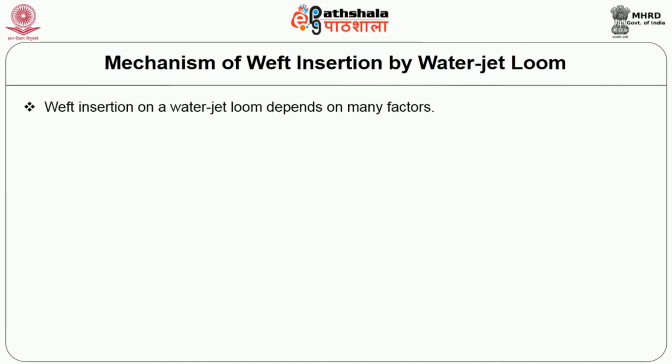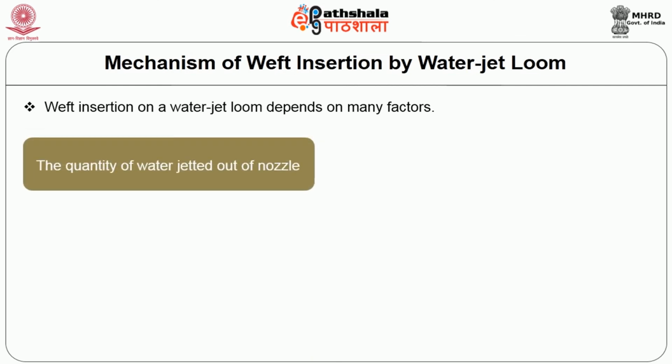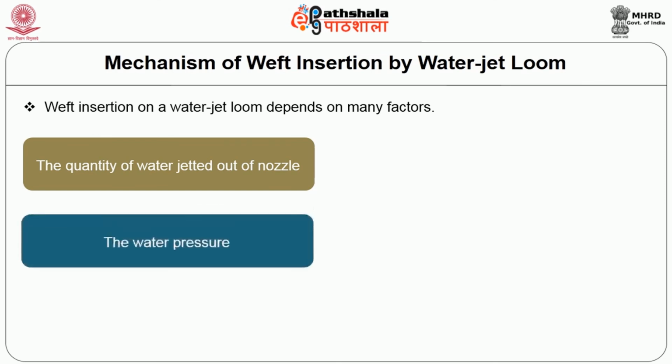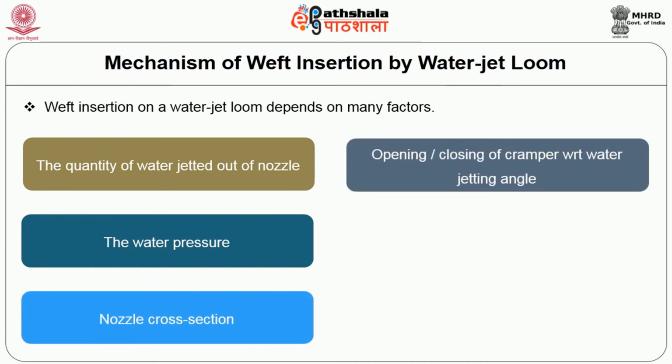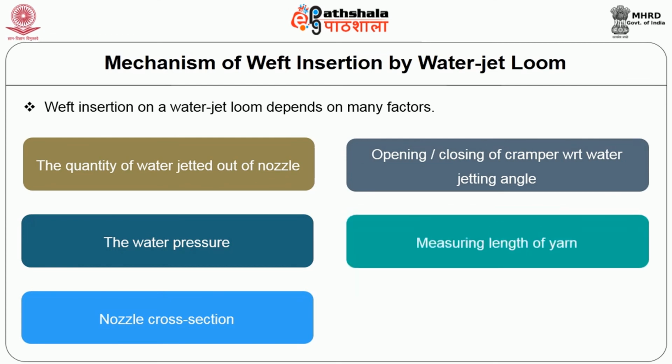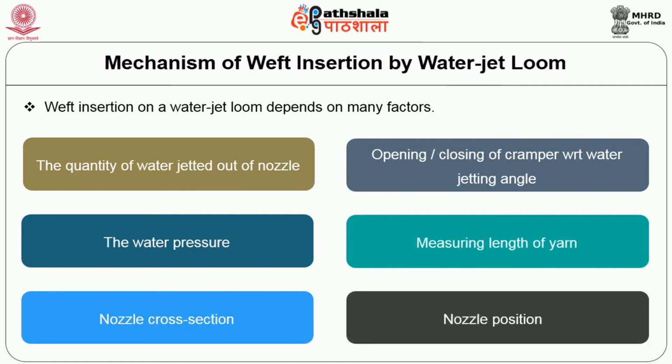Weft insertion on a water jet loom depends on many factors such as the quality of water jetted out of nozzles, the water pressure, the nozzle cross section, the opening and closing of the cramper with respect to the water jetting angle, the measuring length of yarn, and the nozzle position.